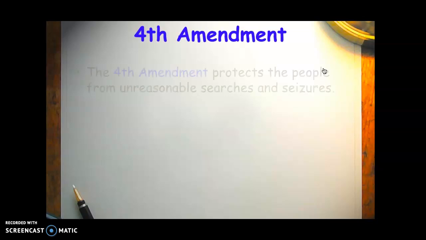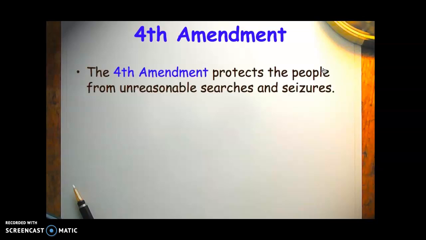The Fourth Amendment protects the people from unreasonable searches and seizures. And so if your home is going to be searched, a warrant is necessary. Police can't just break into your home without a search warrant or without reasonable suspicion that something is going on, or search your car. They also need your permission to search your home if they don't have a warrant.